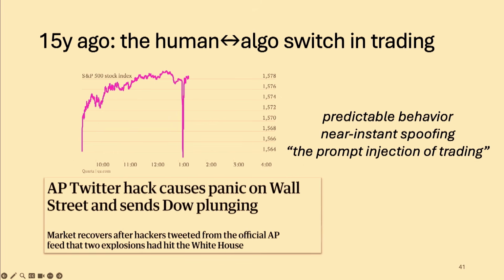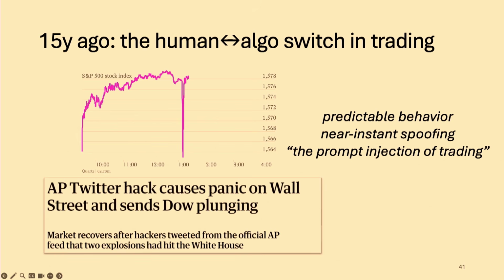What can go wrong is that you suddenly have this entire population of algorithms in place of humans, with potentially predictable behaviors that you can spoof near instantaneously. Well, you get attacks, which I would call the prompt injection of trading.